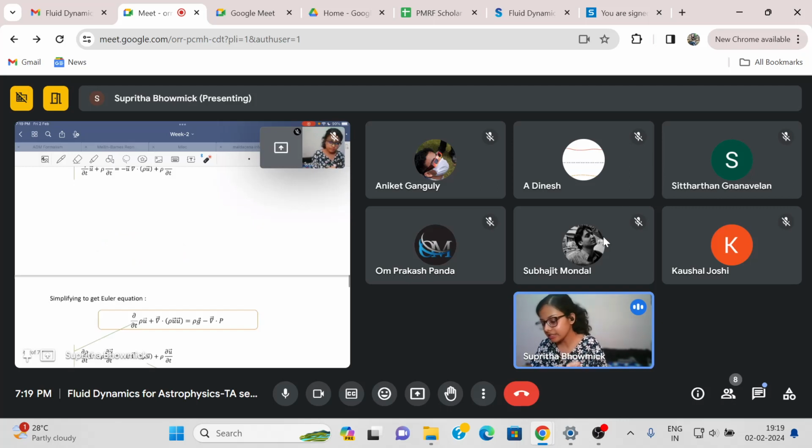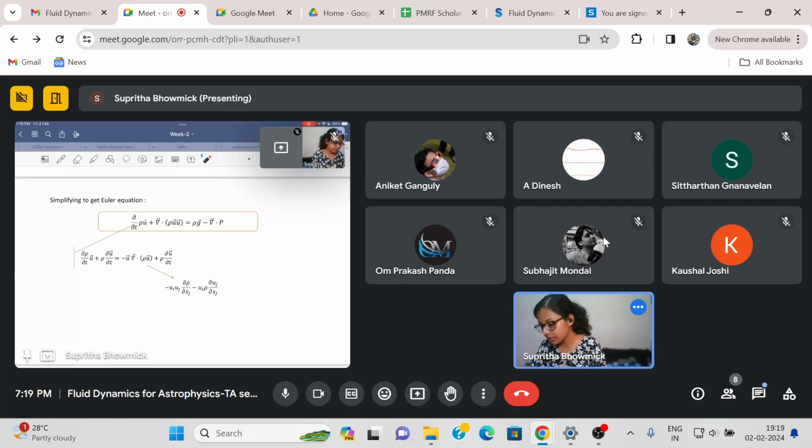Now, things will get a little easier if we work with component notation. So we'll note this term as this and this. Let me know if this is fine. Is this clear?